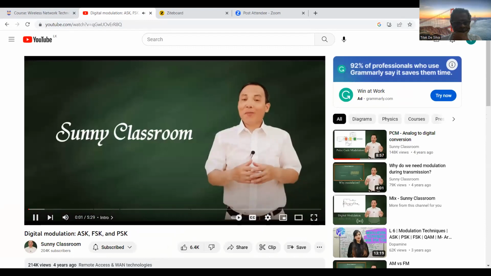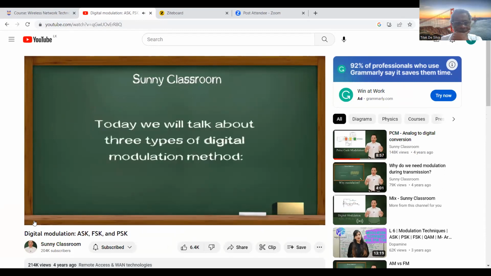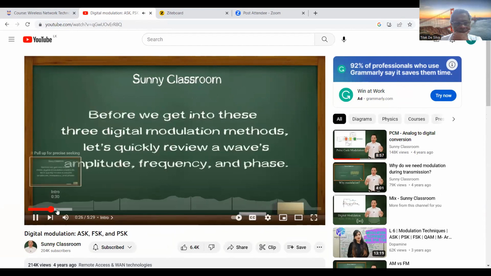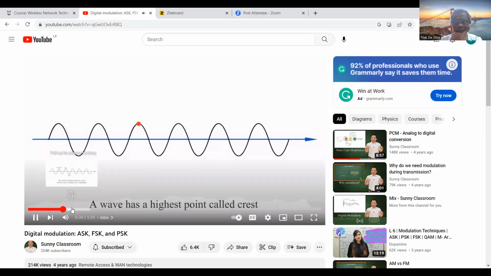Hello, and this is Sunny. Welcome back. Last time we talked about 2 analog modulation methods, AM and FM. Today we will talk about 3 types of digital keying. Before we get into these 3 digital modulation methods, let's quickly review a wave's amplitude, frequency, and phase. A wave has a highest point called crest.